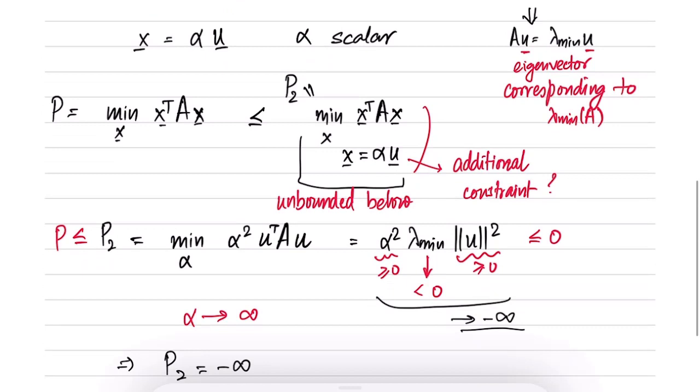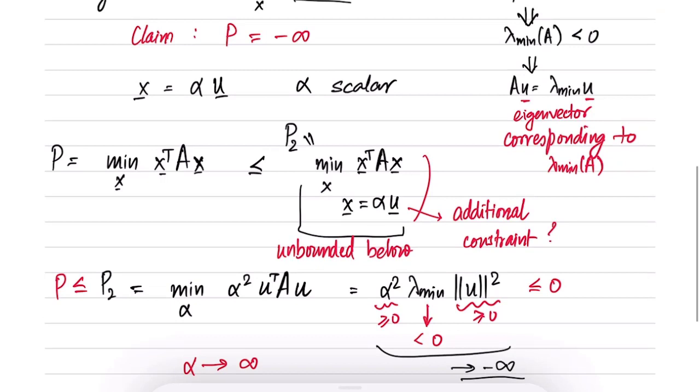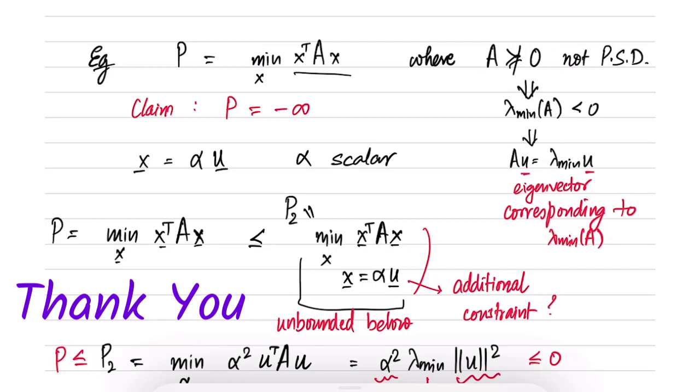So here we have found a way to find that direction, and that direction is the direction of the eigenvector corresponding to the negative eigenvalues. In fact, if there are more than one negative eigenvalues, we can take any of the eigenvectors corresponding to any of them. So this is just a simple example, where a quadratic program is unbounded below.